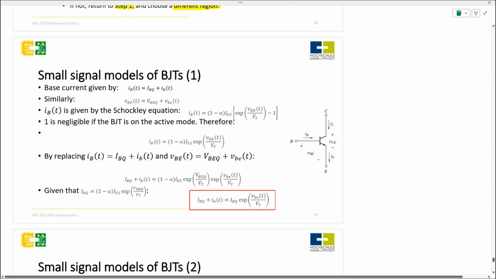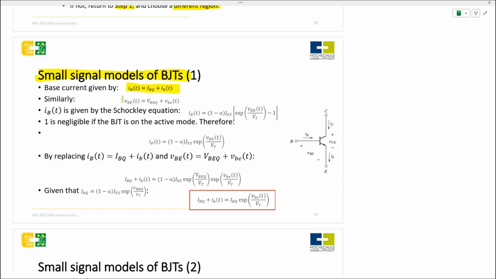Okay, we know that. So now we have the small signal models for the BJTs. This is the base current, IB equals IBQ plus ib(t). Similarly, VBE equals VBEQ plus vbe(t). So ib(t), the small signal, is given by the Shockley equation.